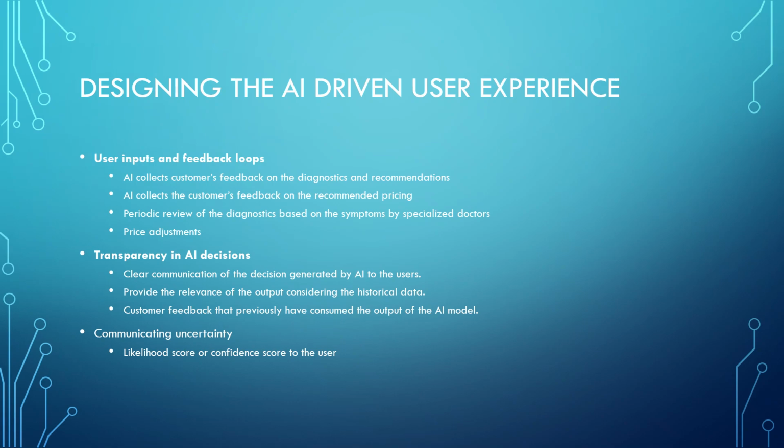feedback loops. So first and foremost, we are collecting the data, what the customer is giving as feedback for the diagnostic results and the recommendation coming out from the AI model. Then we have to collect the customer feedback about the recommended pricing based on the actual pricing and what the model has recommended. Third, periodically you have to review the diagnostics based on the symptoms provided to the model and have them reviewed by actual doctors.